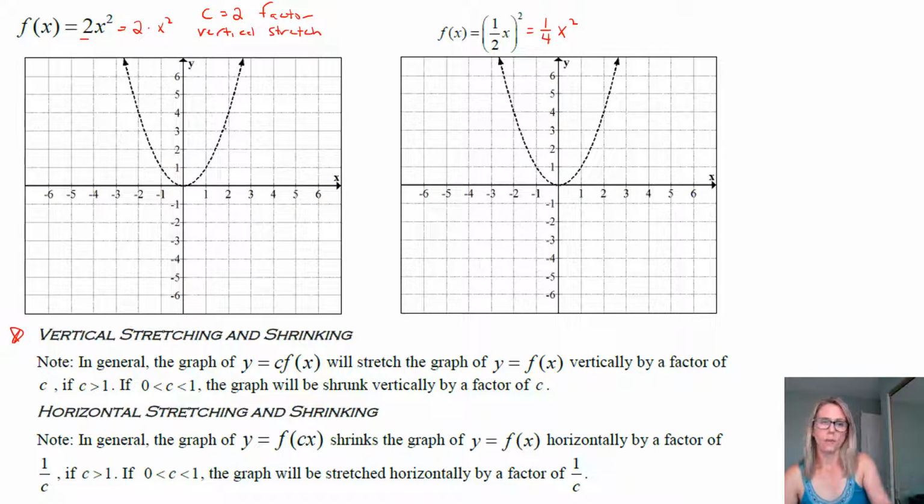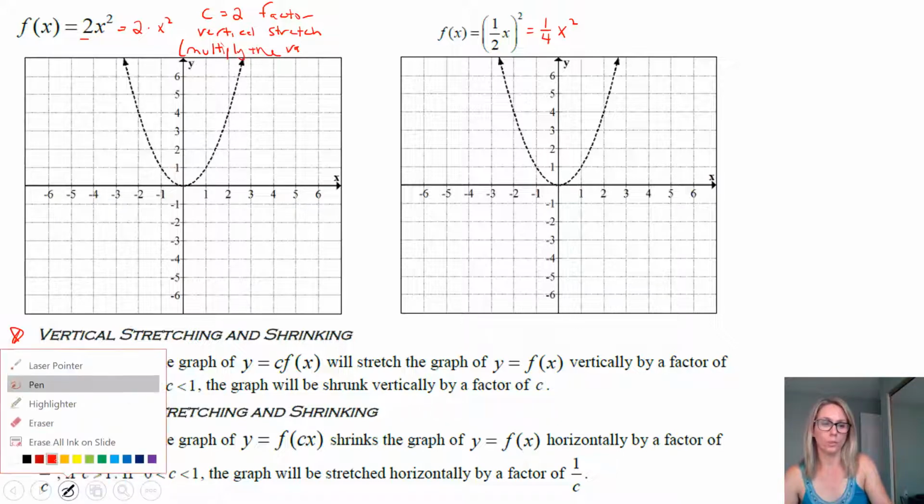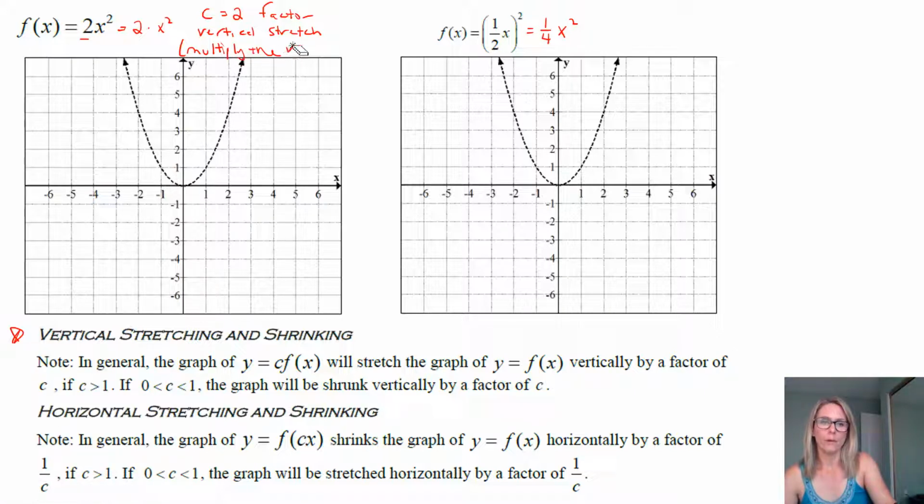The way that you can think about this is simply take your parent function, multiply the y values by 2. So every y value in your points that you have on your parent function get multiplied by 2.